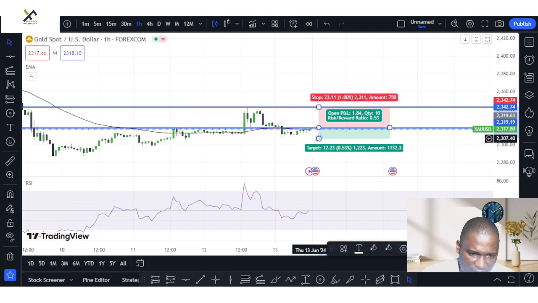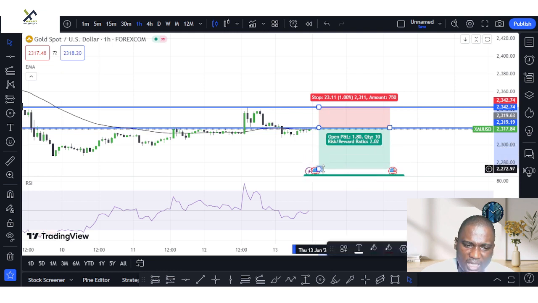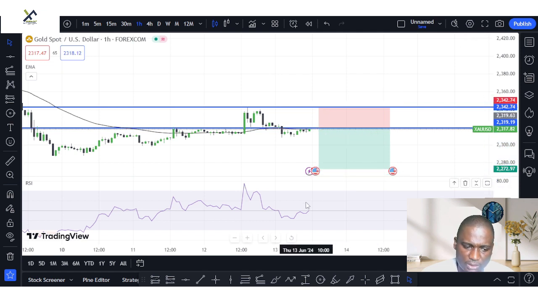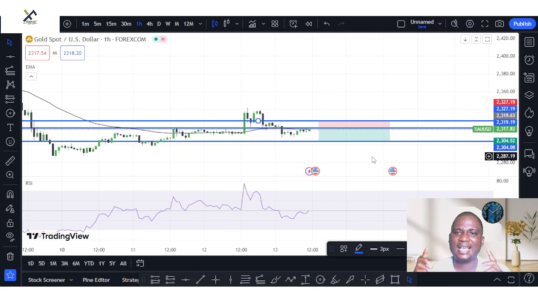Now for my take profit, I should be looking at a minimum of 1:2. If my stop loss is this size, then I should be looking at making twice of it. So this place here now becomes my take profit. 1:2 has a high tendency always to be triggered.